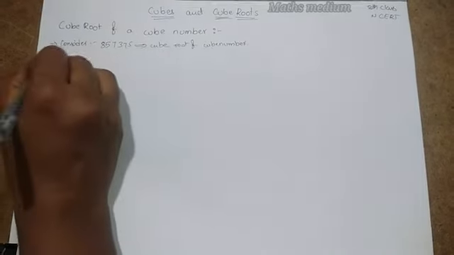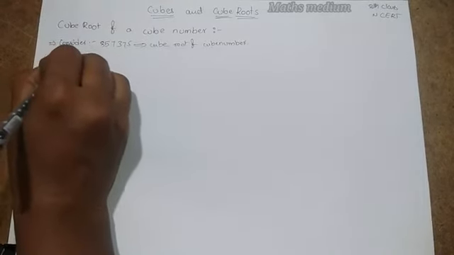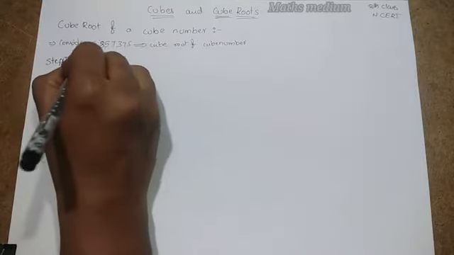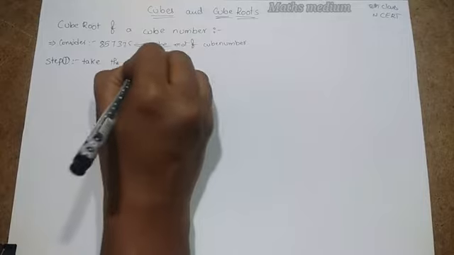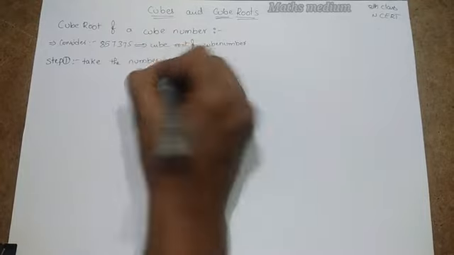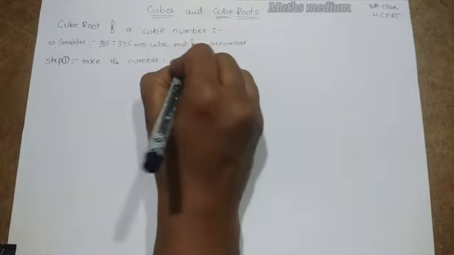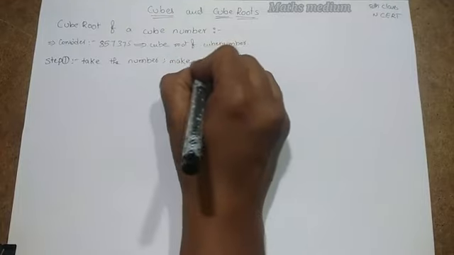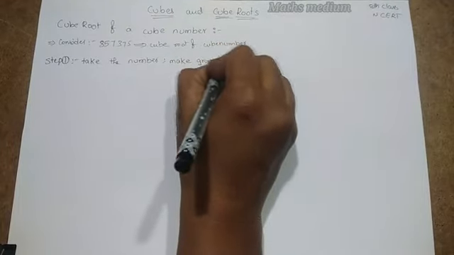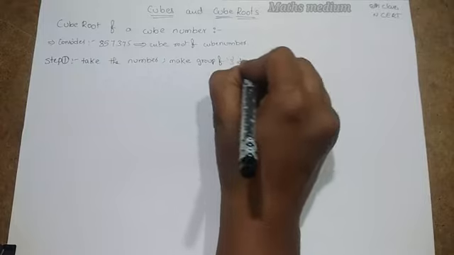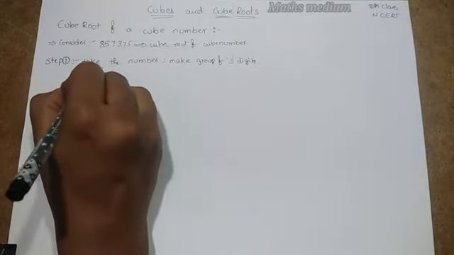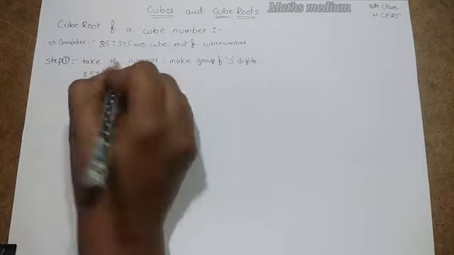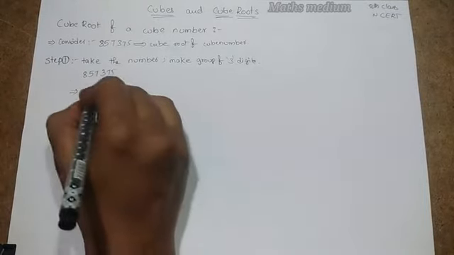Now step 1. Take the number and make groups of 3 digits. Now I am taking 8,57,375 and making this as 2 groups.